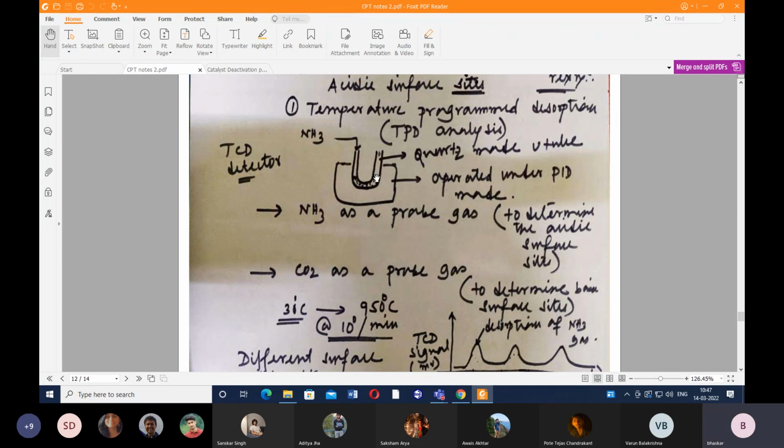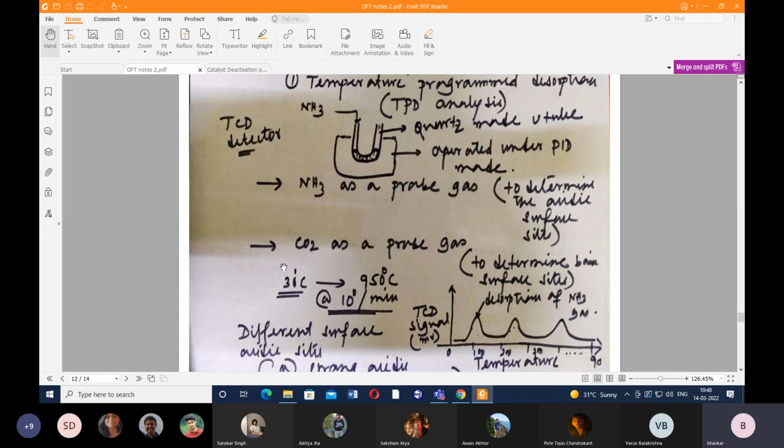Adsorption, desorption, we all know, right? What is adsorption? You know. What is desorption? That is also known to you. So at room temperature, we will perform the adsorption operation. However, desorption will be studied as a function of temperature. So how would we increase the temperature from room temperature? Let's assume our room temperature is around 30 degrees Celsius.